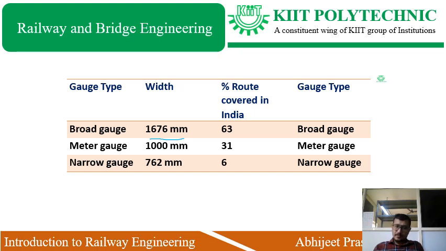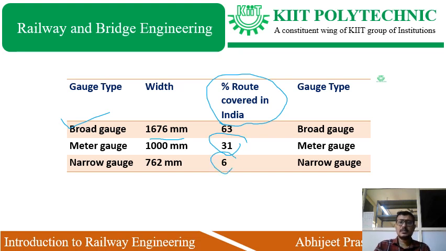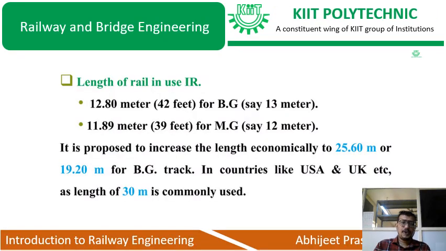Meter gauge is 1 meter, as the name says, and narrow gauge is 762 millimeters, 0.762 meter. In our country broad gauge is used the most, then 31% is meter gauge and just 6% is narrow gauge.